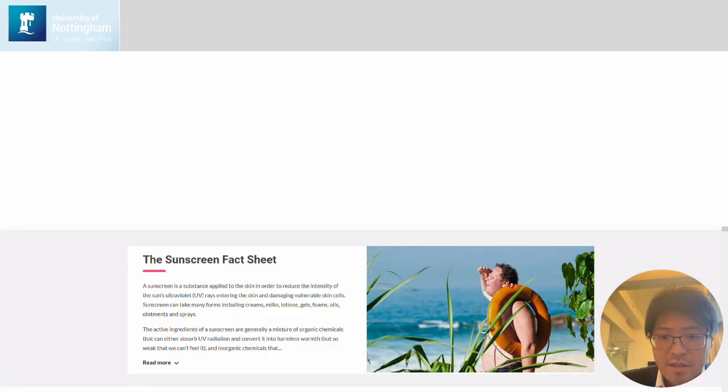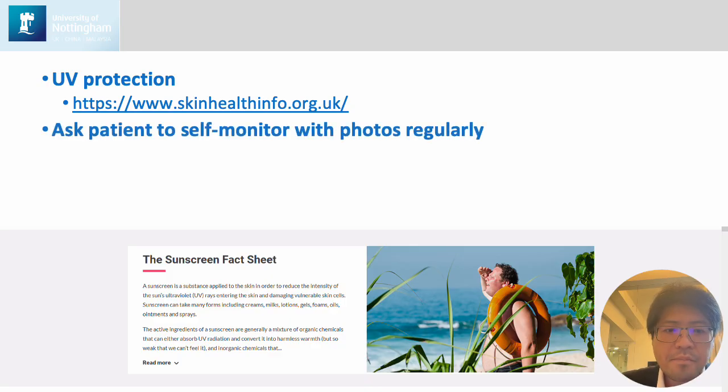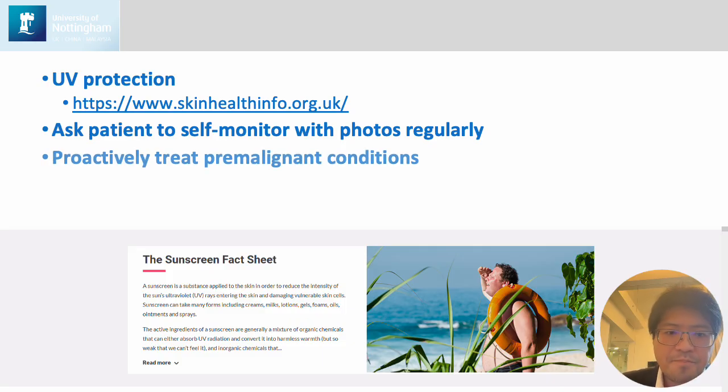But before we start with the main talk, the most important thing is UV protection, as that's the number one adjustable risk factor for skin cancers. Do ask the patients to self-monitor their skin with photos regularly, as any changes, or we say evolutions, are key signs that something is changing and needs to be assessed.